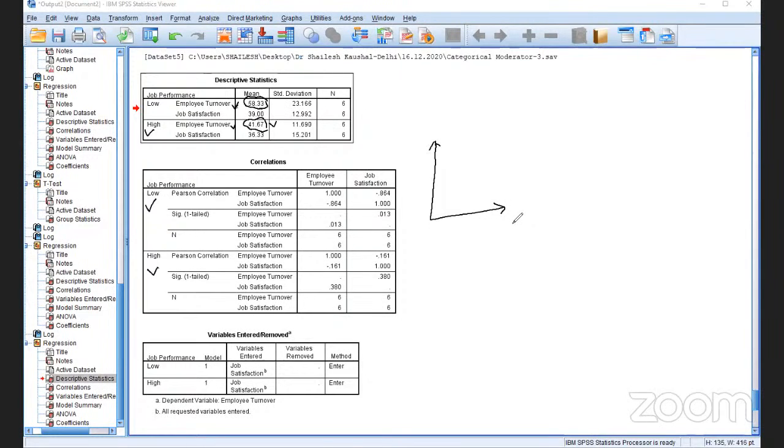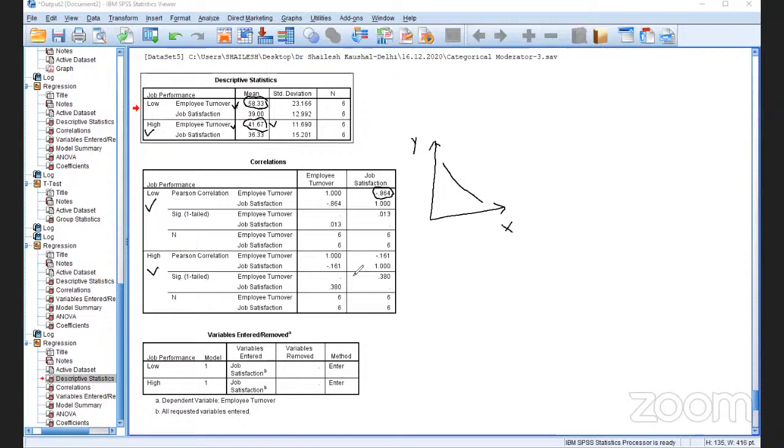Through the scatter diagram, we can understand x and y, and job performance. Job performance is the grouping, low job performer, with employee turnover and job satisfaction. So for low job performer, the correlation between employee turnover and job satisfaction is negative.